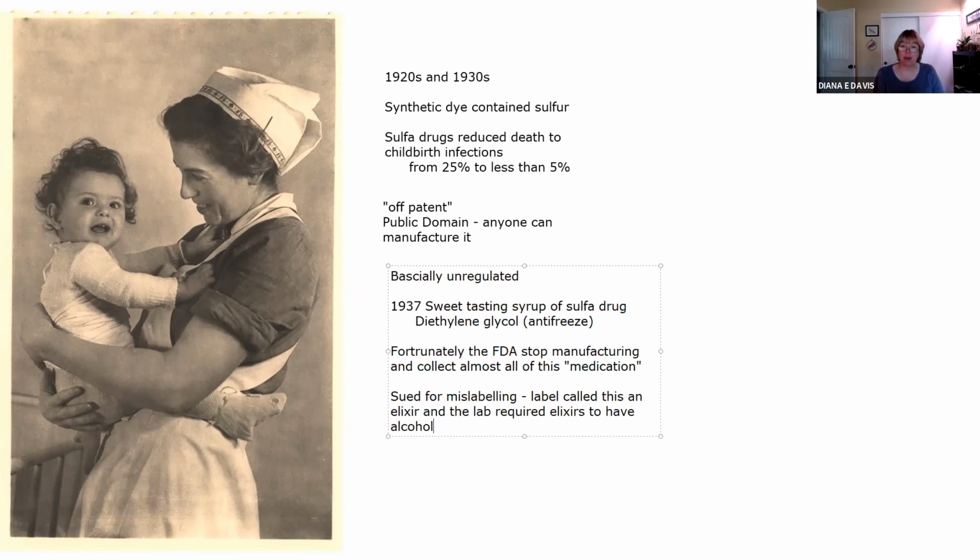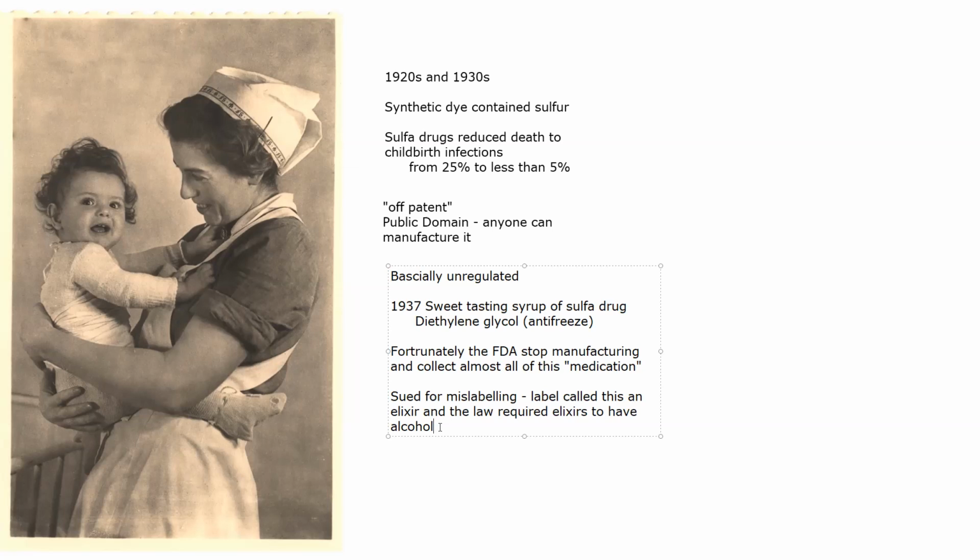Not because they put a poison out, not because it was potentially deadly, but because they called it an elixir, and the law required elixirs to contain alcohol, and it did not contain alcohol. If they had labeled it a syrup, there would have been no legal recourse, even if it had killed people. That's crazy. Yes, it's absolutely crazy.